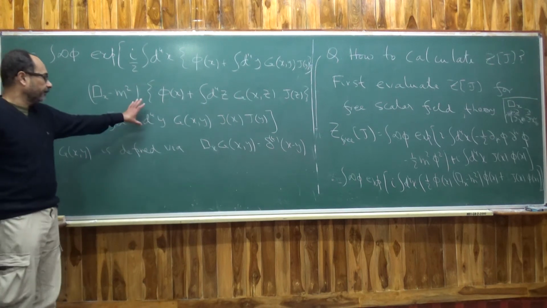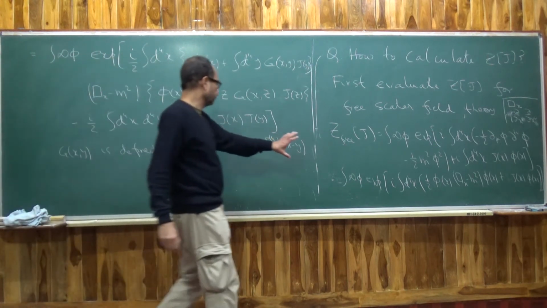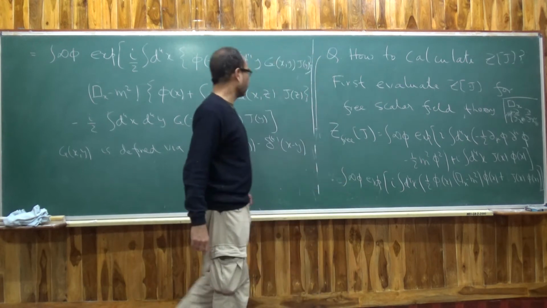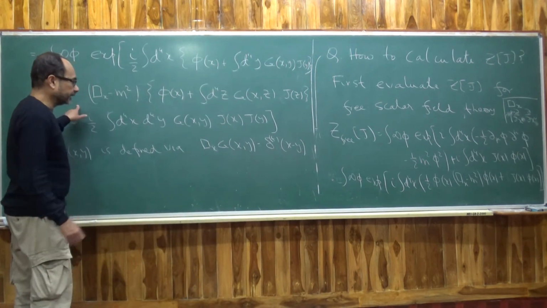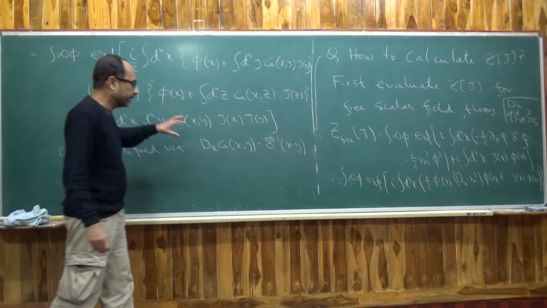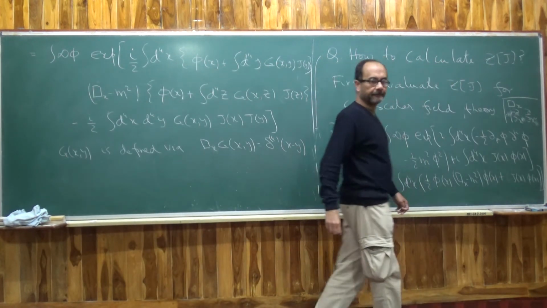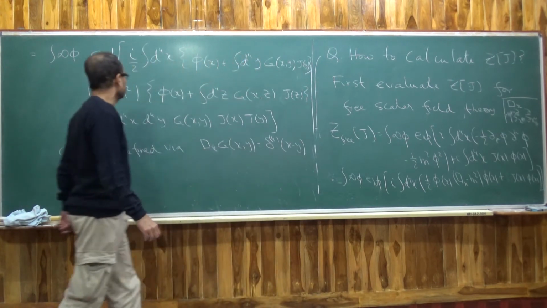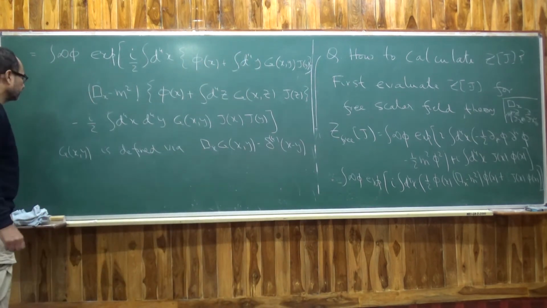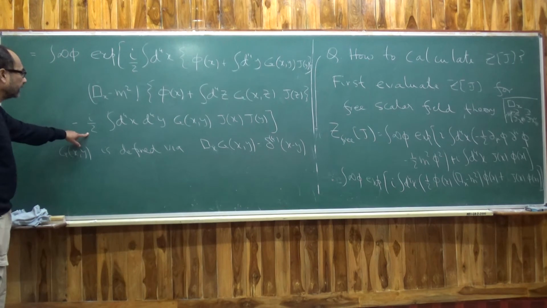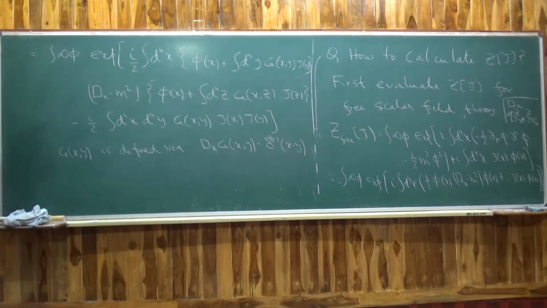I'll prove that this is equal to this. Basically, in the exponent I have to check that whatever I have written is the same as what it was here. I by 2 is not there? This is this one. Yes, yes, I by 2. I think the point is that there is an overall factor, so the i by 2 is still there.